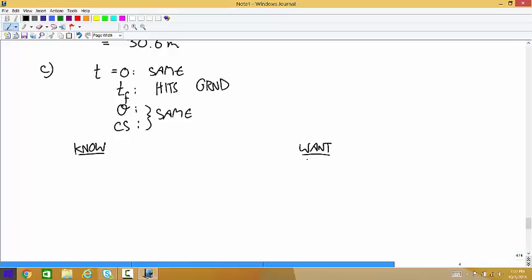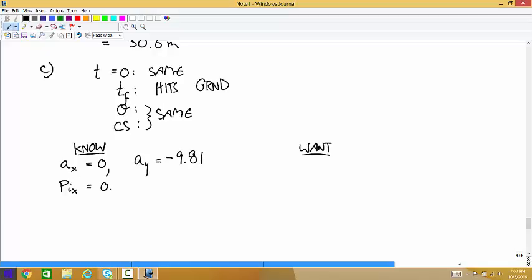I'm not going to go through this whole thing, but let's think about what we know. Do we know time final? No. Do we know acceleration? Yes, it's free fall. The initial position is the same as it was before because we didn't change our time equals 0 or anything about our coordinate system.